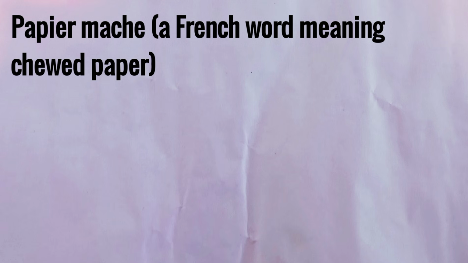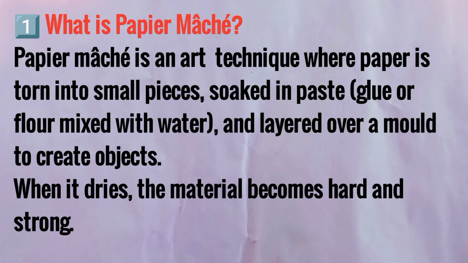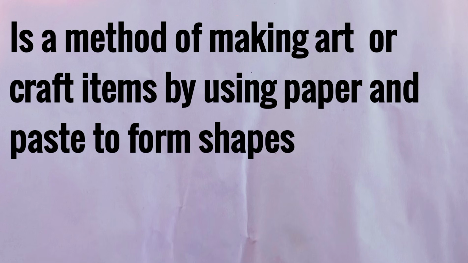It is an art technique where paper is torn into pieces, soaked in paste, that's like glue or flour mixture, and layered over a mold to create objects. And when it dries, it becomes hard and strong. In simple definition, we can say that paper mache is a method of making art or craft items by using paper and paste to form shapes.